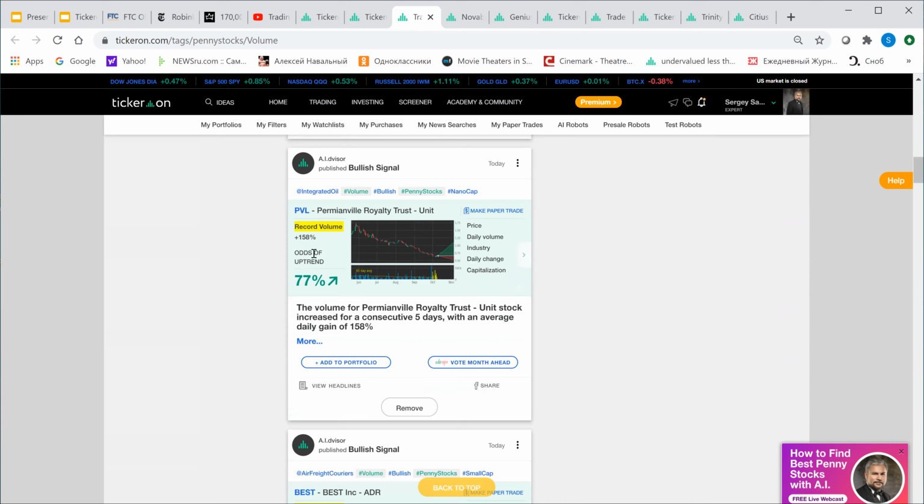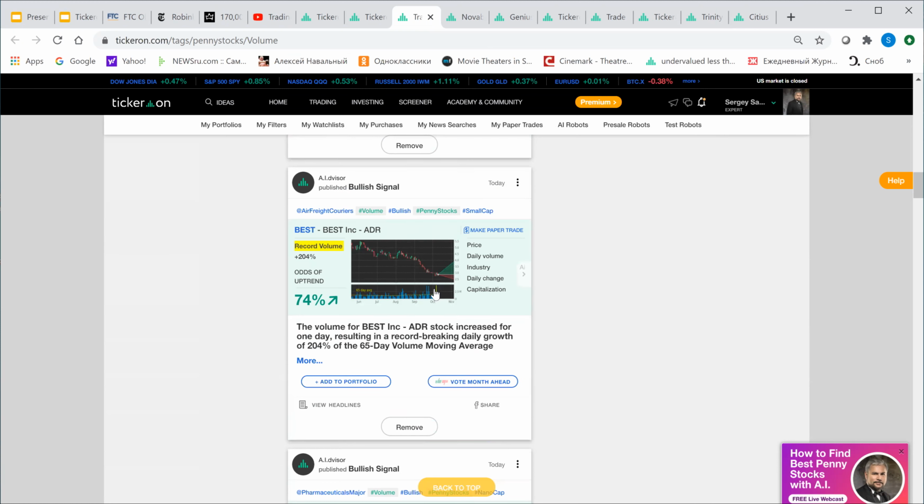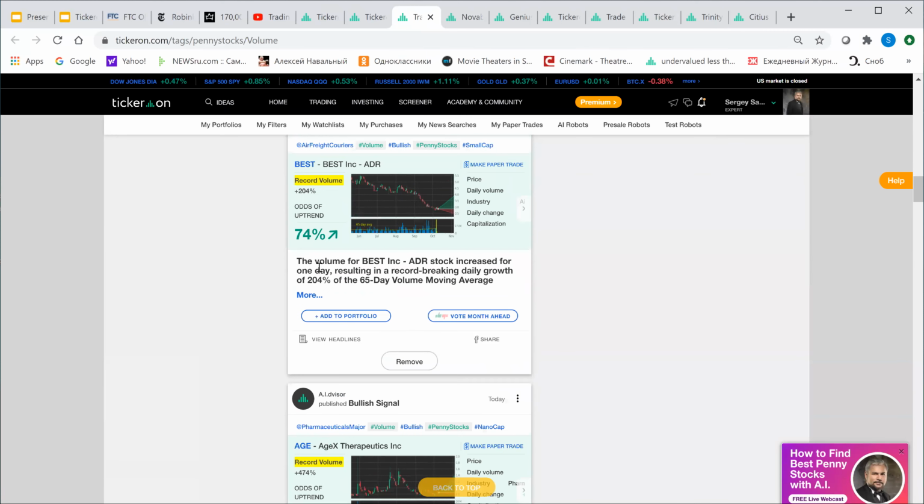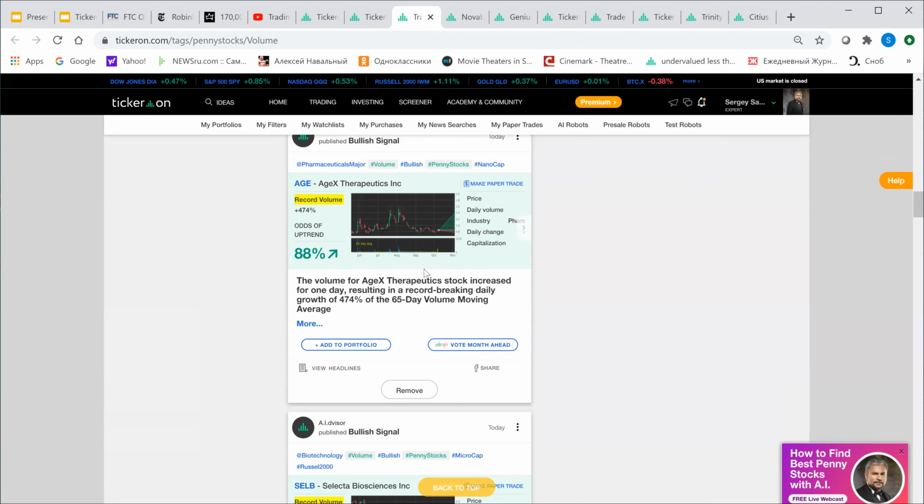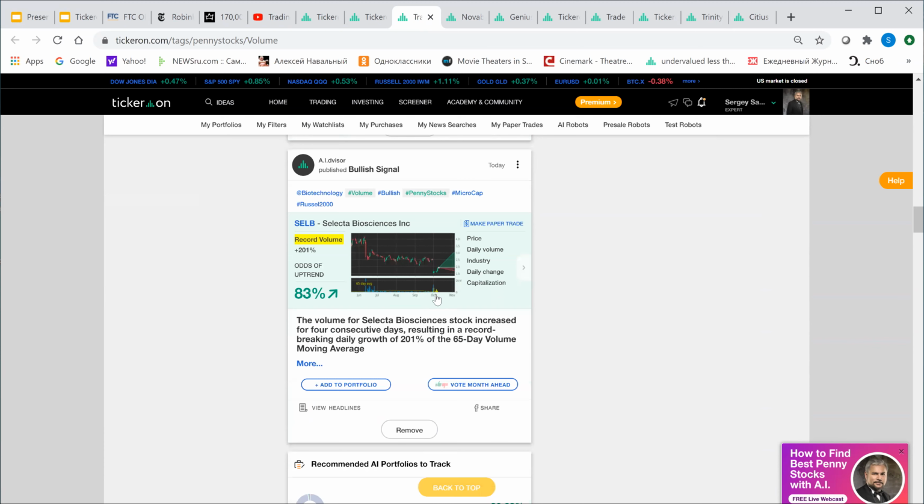What else? 150. You see, this is volume action which we are discovering. You see yellow lines, 200%. So what is that? A 474% jump in the volume. That's where some people are starting pumps, right?